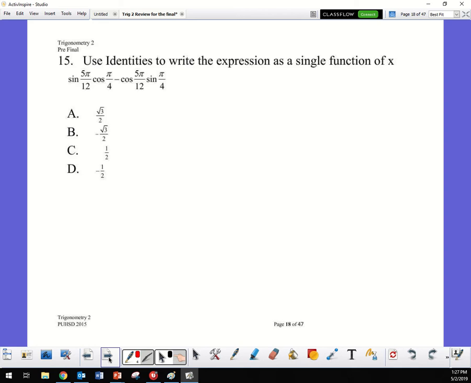What identity is it? It's not a Pythagorean identity. It's an addition or a subtraction. So this is going to be a sine of A minus B. Find it on your reference sheet.